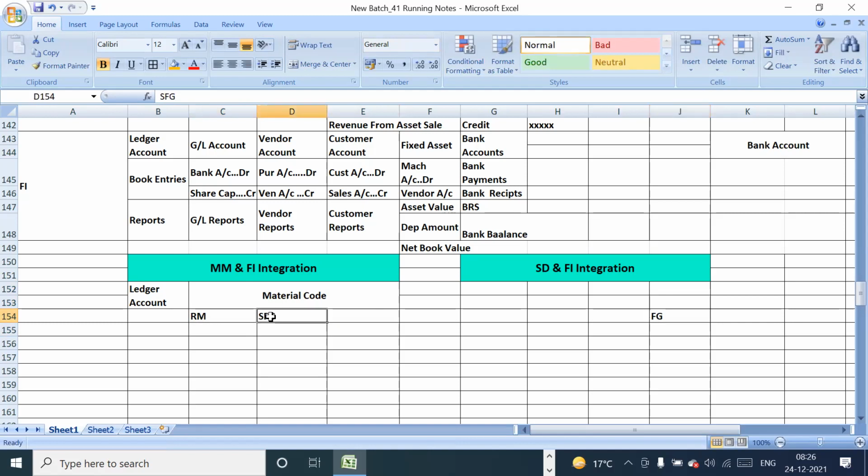At least here, in the procurement process, you can see raw materials and semi-finished goods. They have to create the ledger accounts for these. Again, for raw materials, they are going to buy different raw materials. Then what they need to do is create some material codes.